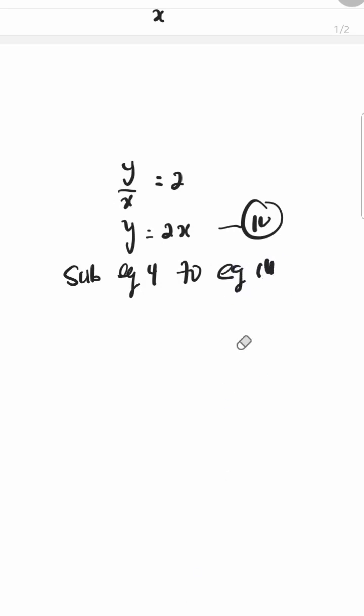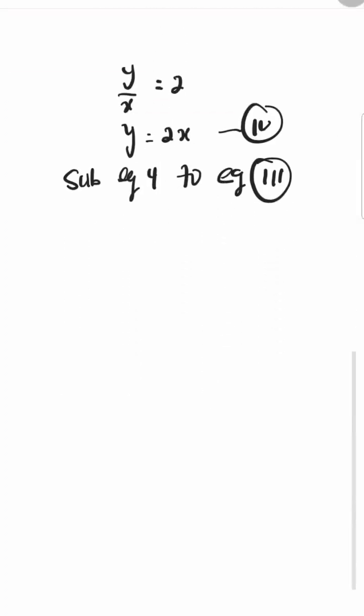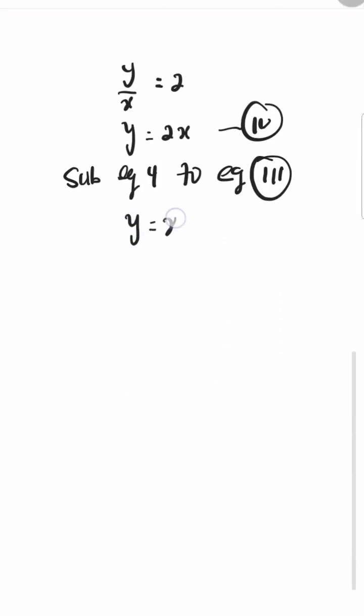Sorry for not using the numerals properly. It's equation 3. So from equation 3 you have y equals x to the power of 3. So now we can substitute this into this, and so we have 2x equals x to the power of 3.